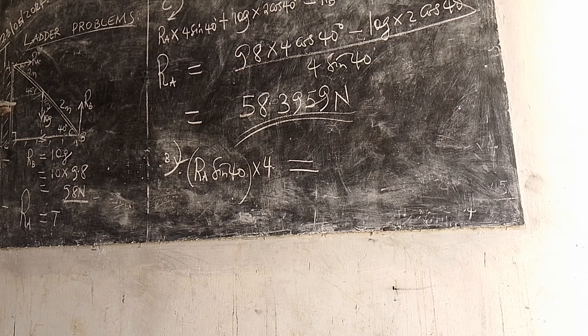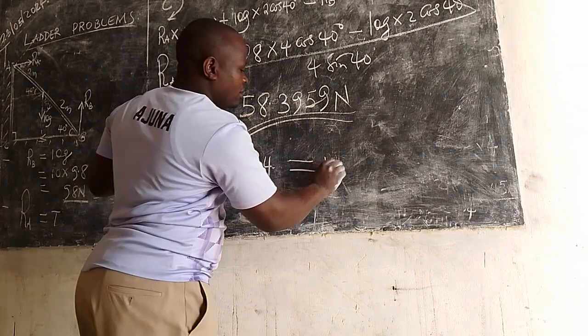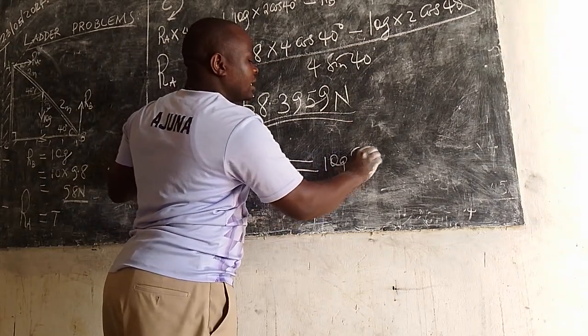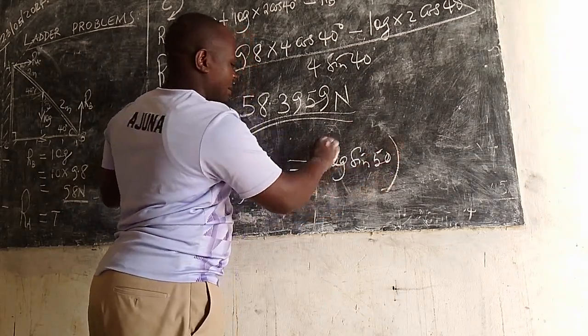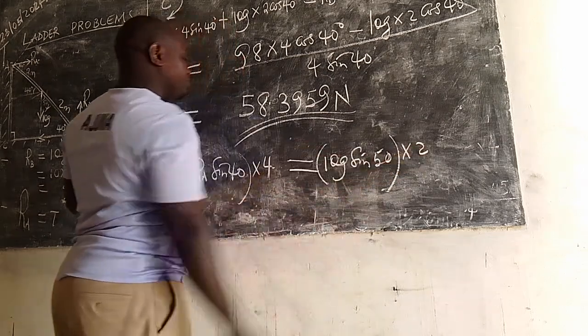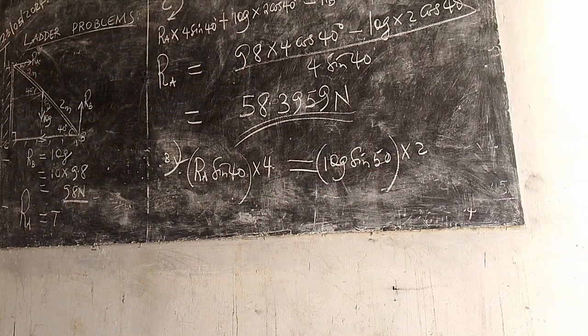Got it? Because this is 50, it must be 10g sine 50, times 2. We get it?